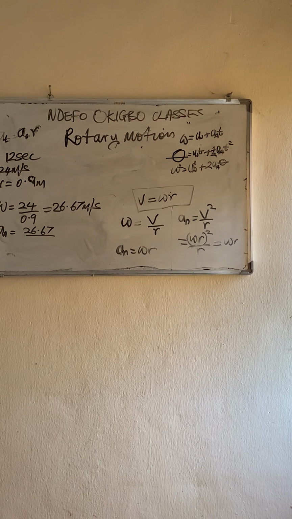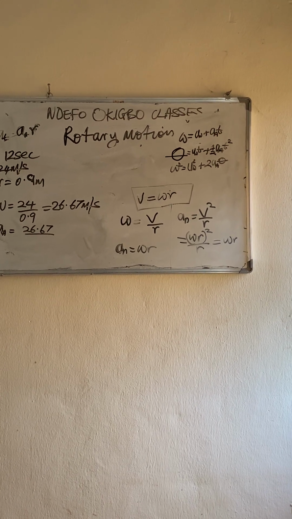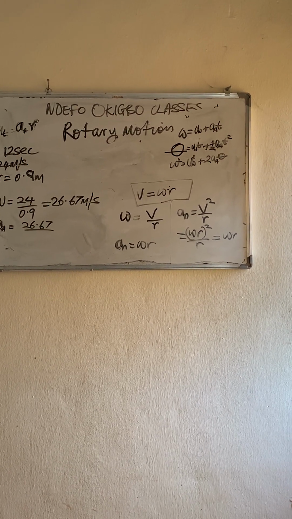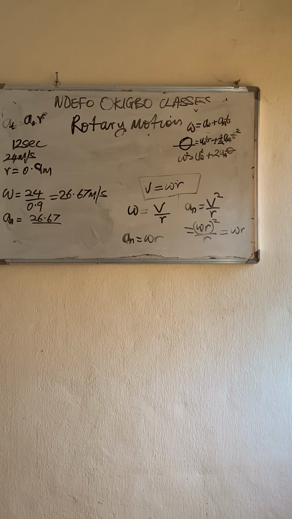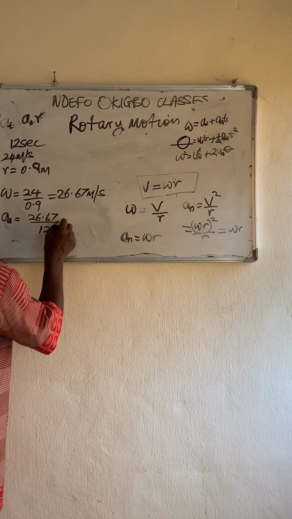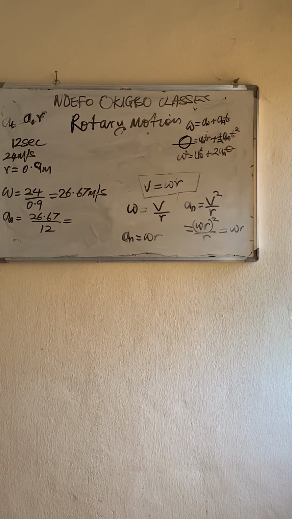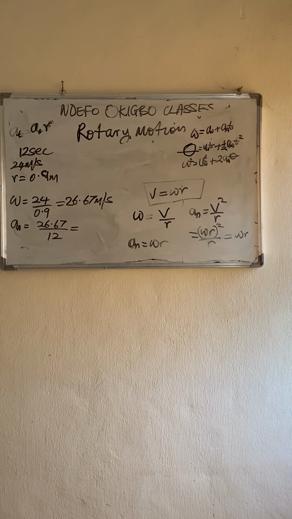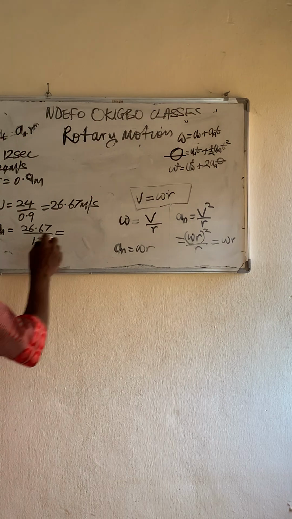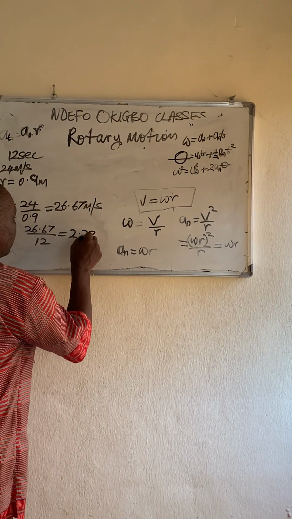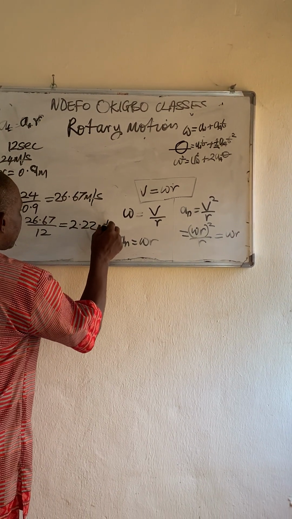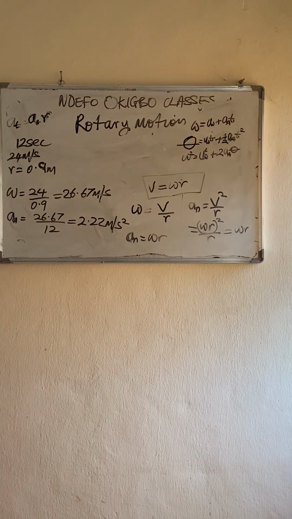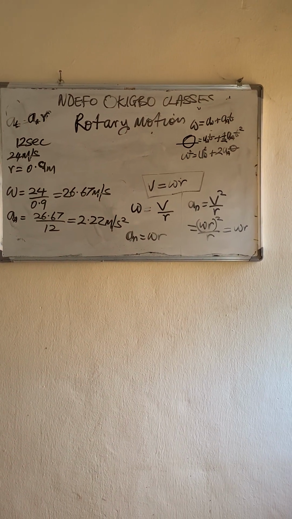The time is 12 seconds, so 26.67 over 12, which I got to be 2.22 radians per second squared. That is the angular acceleration.